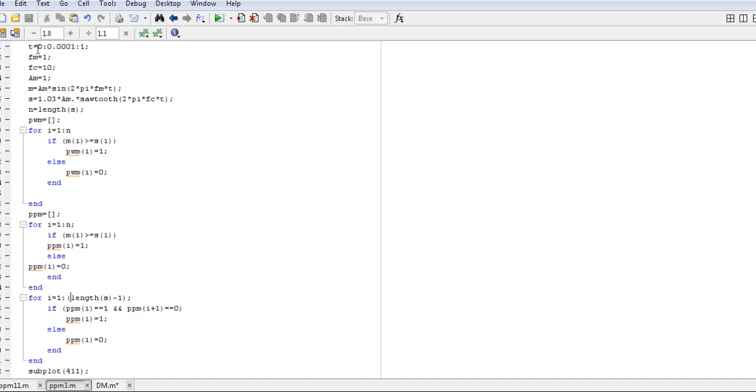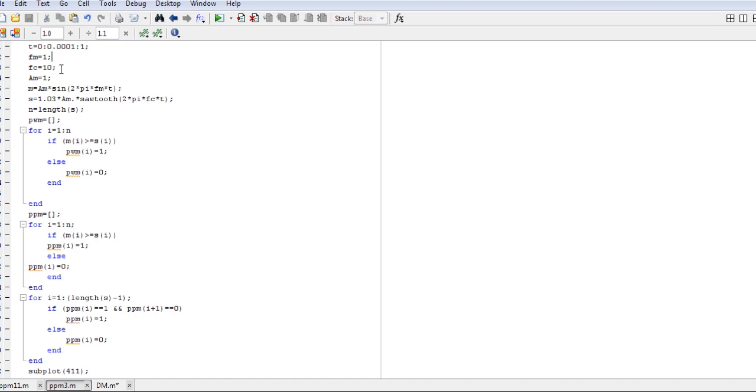The time taken for the graph is from 0 to 1 with an interval of 0.0001. The baseband signal or the message signal is of frequency 1.